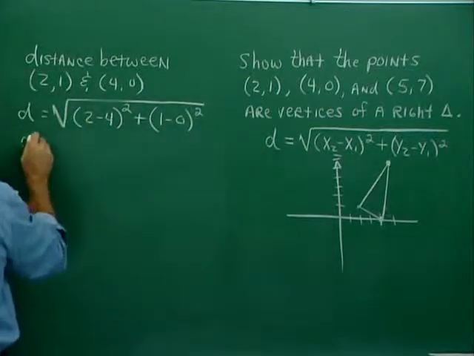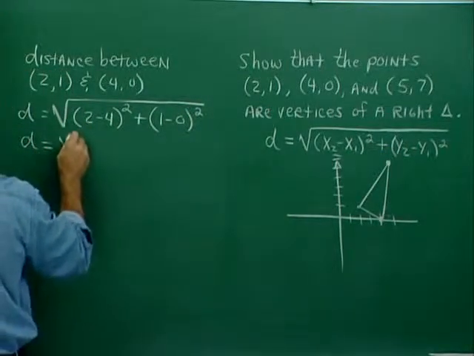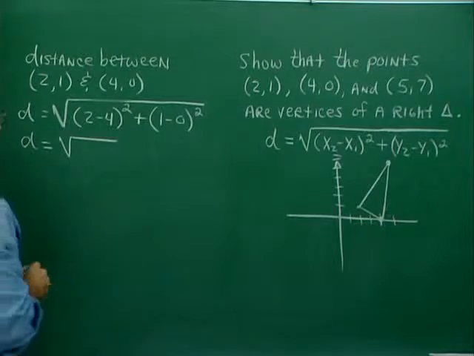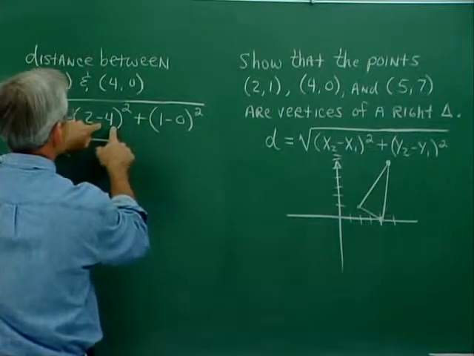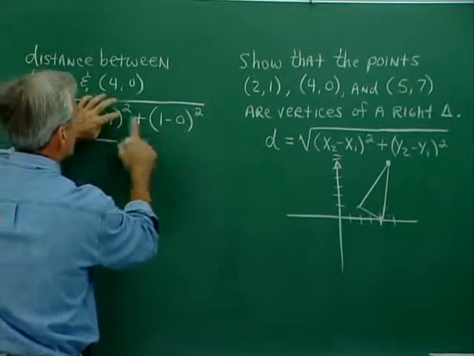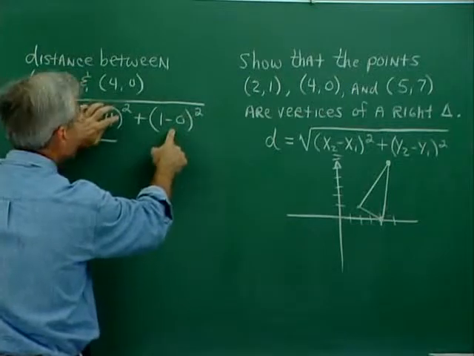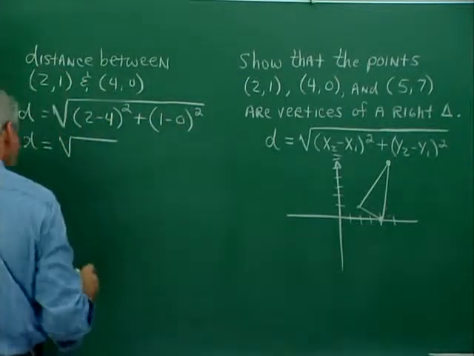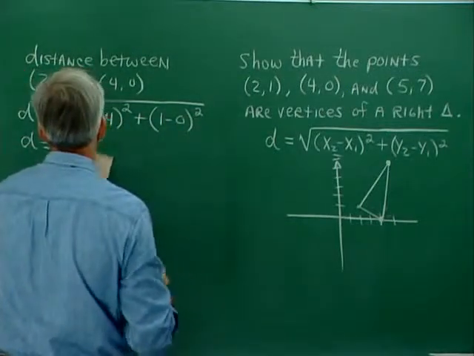Now let's see, what do I have? I've got d equals the square root of, now let me simplify in my head a little bit. Negative 2 squared is 4, 1 squared is 1, 4 and 1 is 5. So this is the square root of 5. Okay, good.